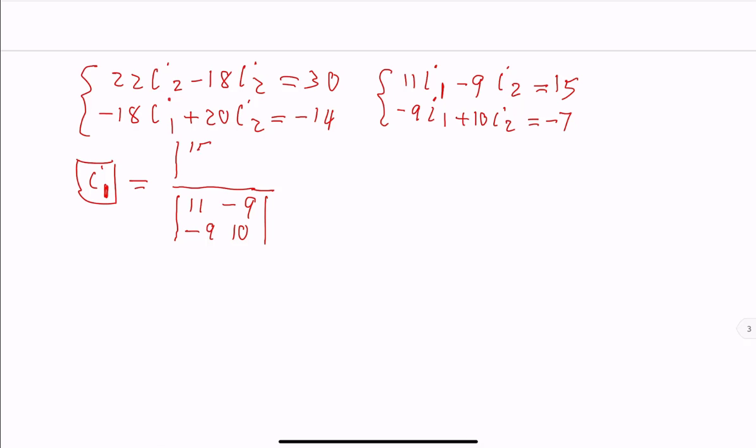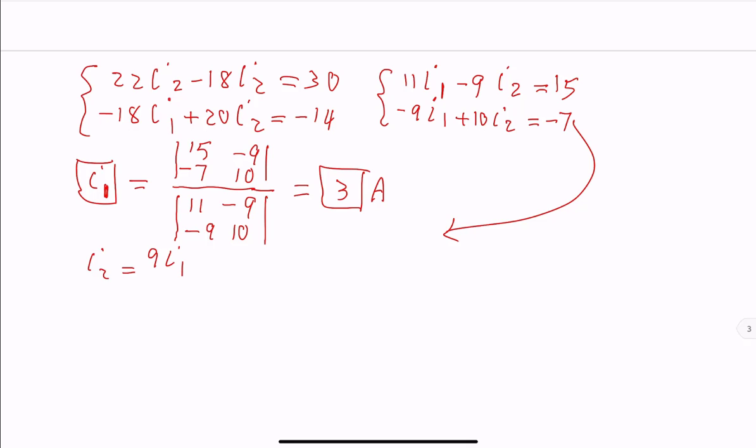So we have 15, negative 7. Second column doesn't change. Find the determinants, find the ratio, and we end up with I1 equal to 3 amps. Then we use the second equation here. And that gives us I2 equal to 9I1 minus 7 over 10 equal to 2 amps.